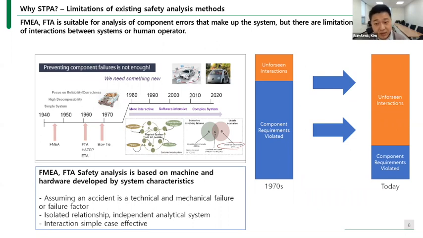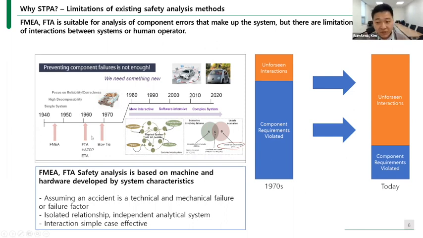FMEA and FTA are suitable for analysis of component errors that make up the system, but not for interactions between complicated systems or human operators, because they are based on the machine and hardware characteristics of the system. Also, these methods were created 6 or 7 decades ago.